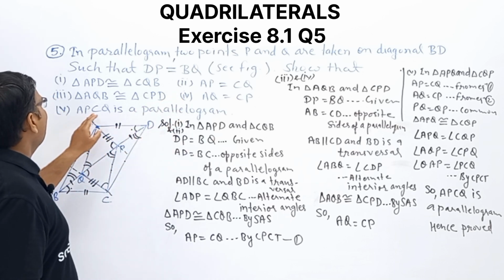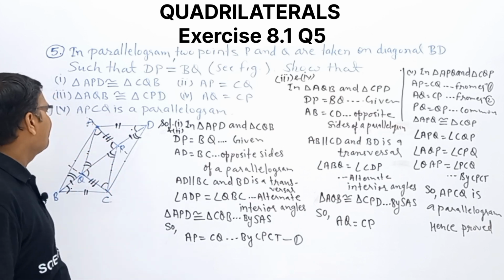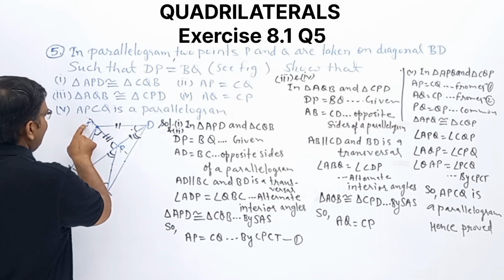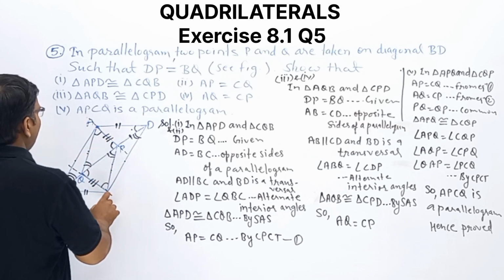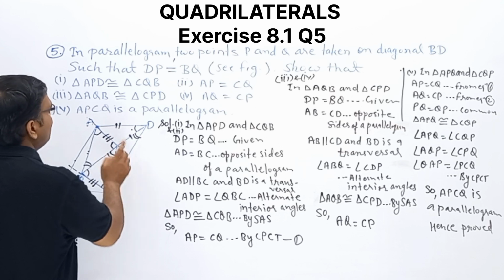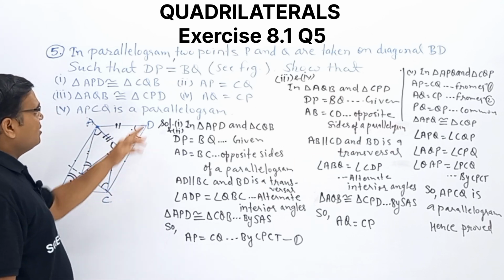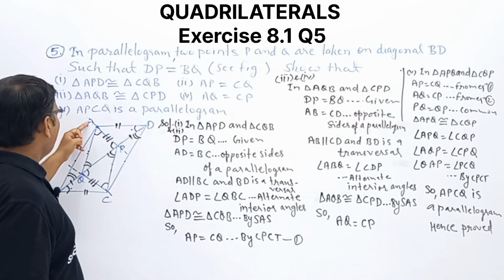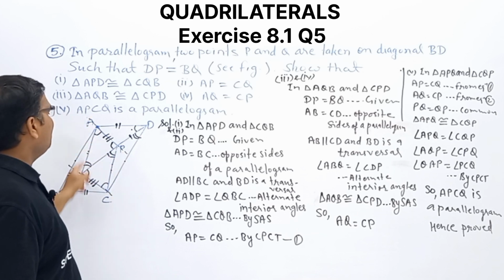Now last one, APCQ is a parallelogram. We want to show APCQ is a parallelogram. So for proving this one, we are taking these two triangles APQ and CQP. In these two triangles, from third question and fourth question, we proved that AP equal to CQ and CP equal to AQ.